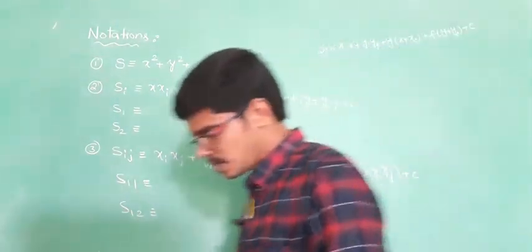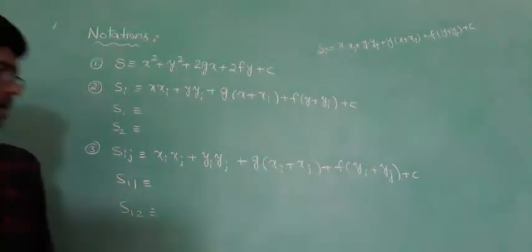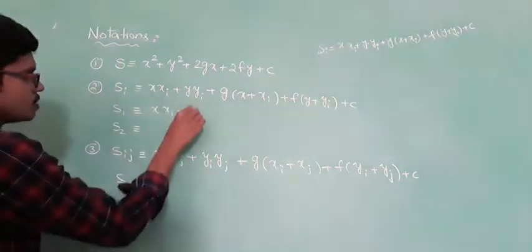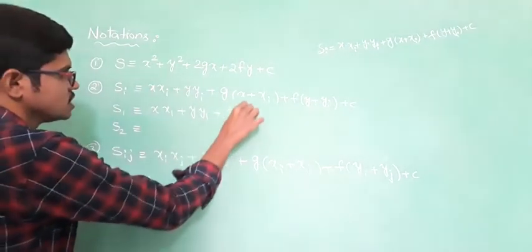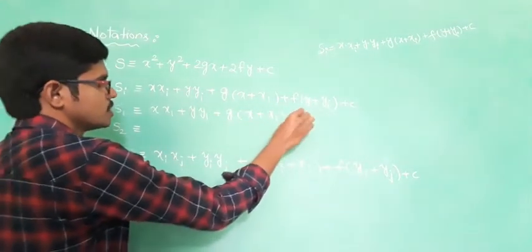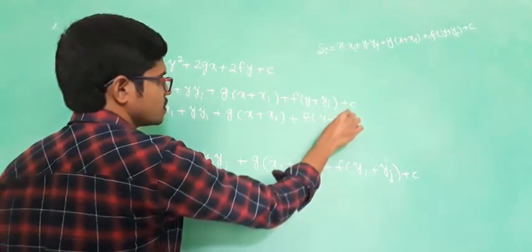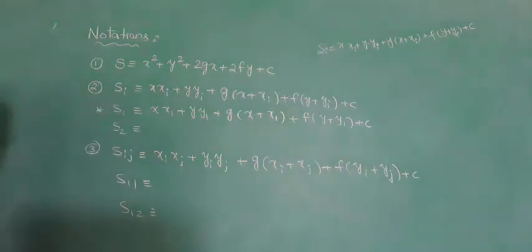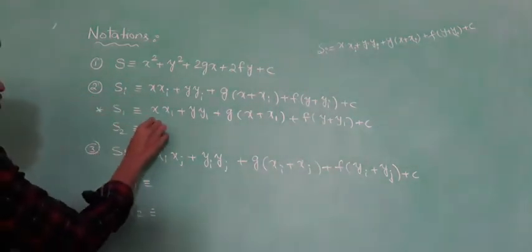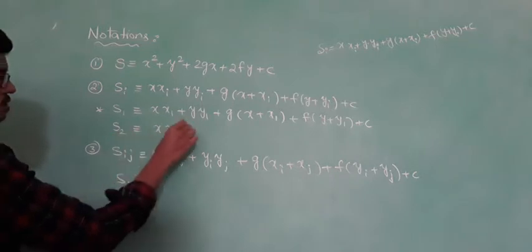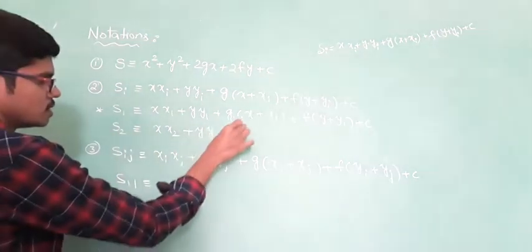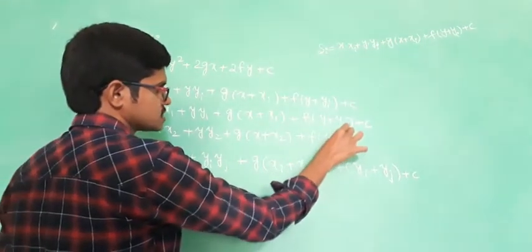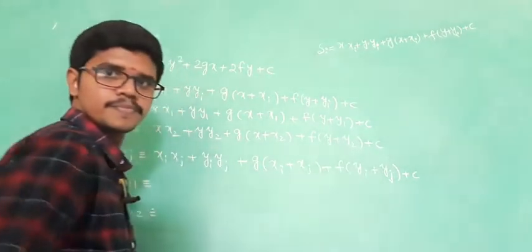If we take i is 1, then S1 equals xx1 plus yy1 plus g into x plus x1 plus f into y plus y1 plus c. Okay, it's a very important formula. Similarly S2 is x into x2 plus y into y2 plus g into x plus x2 plus f into y plus y2 plus c.